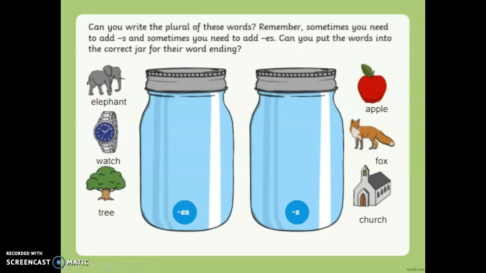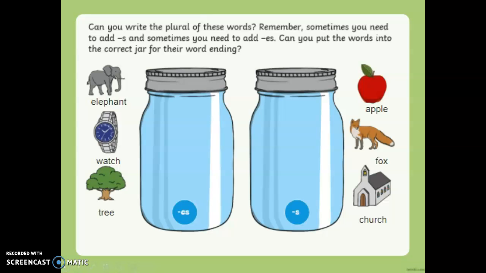Can you see the nouns that are around the two jars? What you might like to do in a second, when I've just explained your activity, is either draw the two jars and put ES in one jar and S in the other jar, or you could just draw a line down the middle of your book and put ES on one side and S at the other. And then you're going to write the plural of these words.